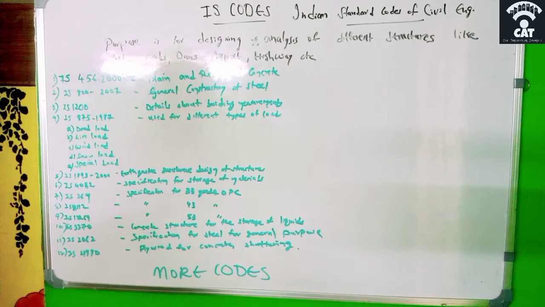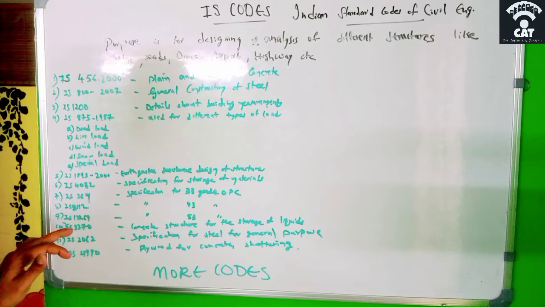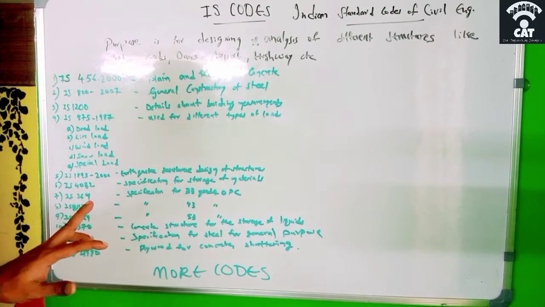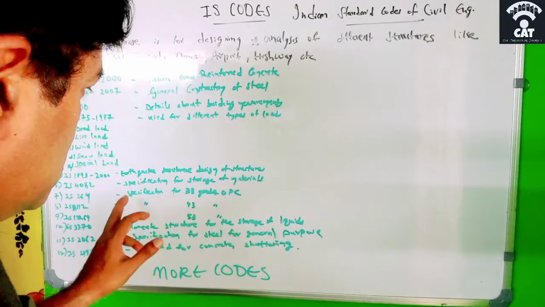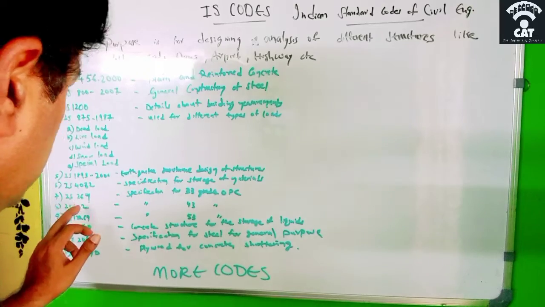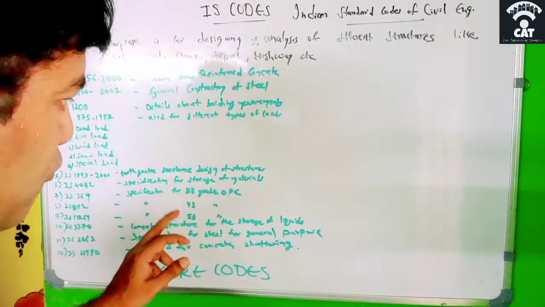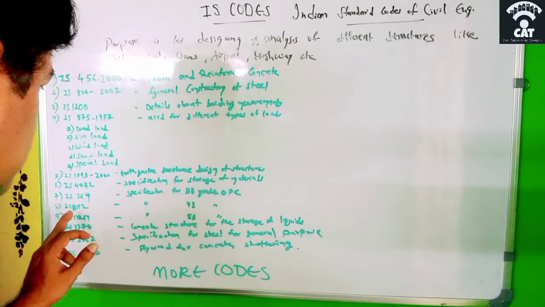Then the next codes are IS 269, IS 8112 and IS 12269. All these deal with specifications of ordinary Portland cement grades. Specification of 33 grade ordinary Portland cement is in IS 269. Specification of 43 grade is in IS 8112.